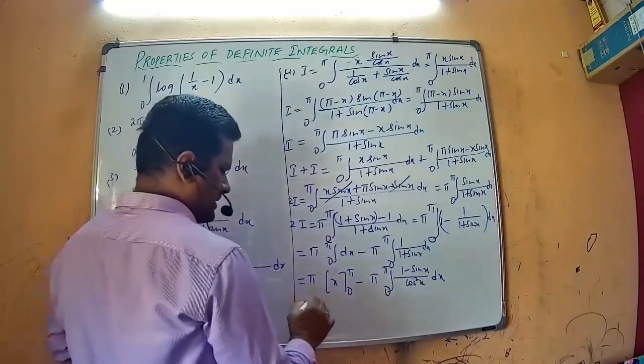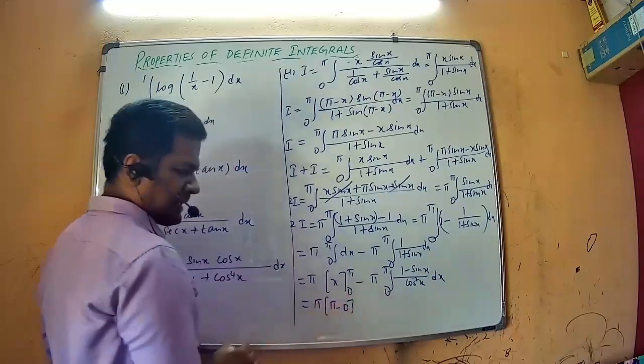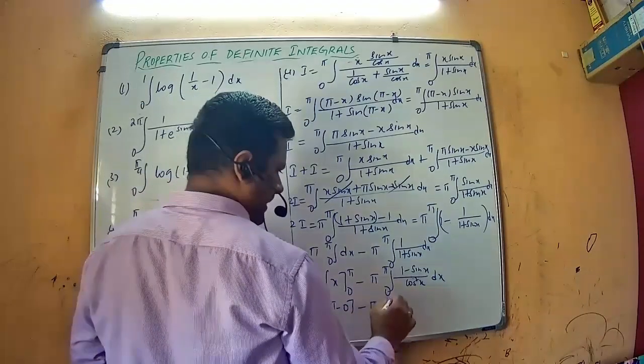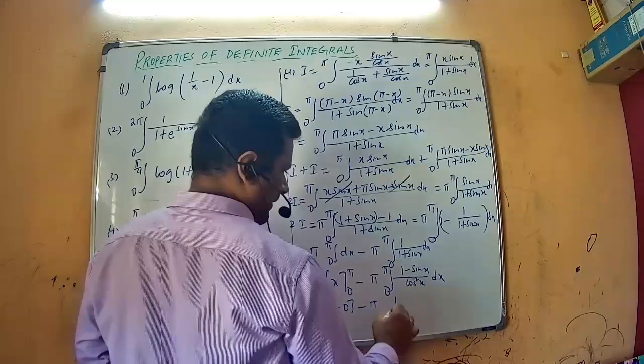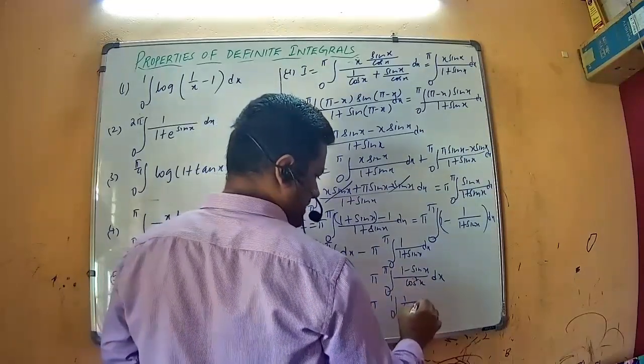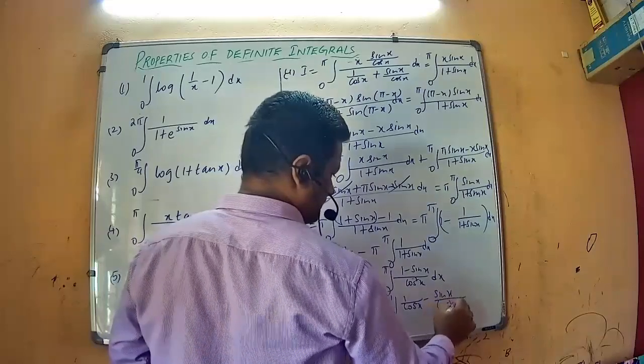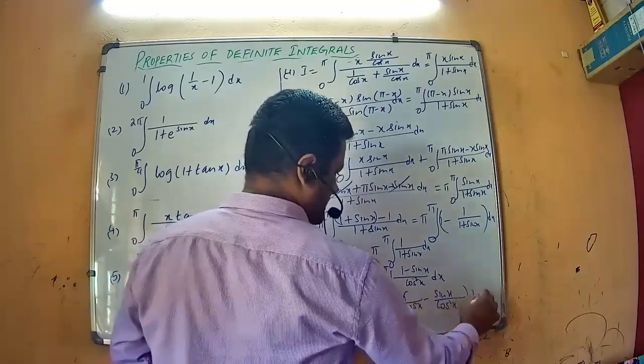Right. Now this will become, yes, pi into pi minus 0 after applying the limits. This is minus of pi into, yes, integral of 0 to pi. This will become 1 by cos square x minus sine x by cos square x dx.